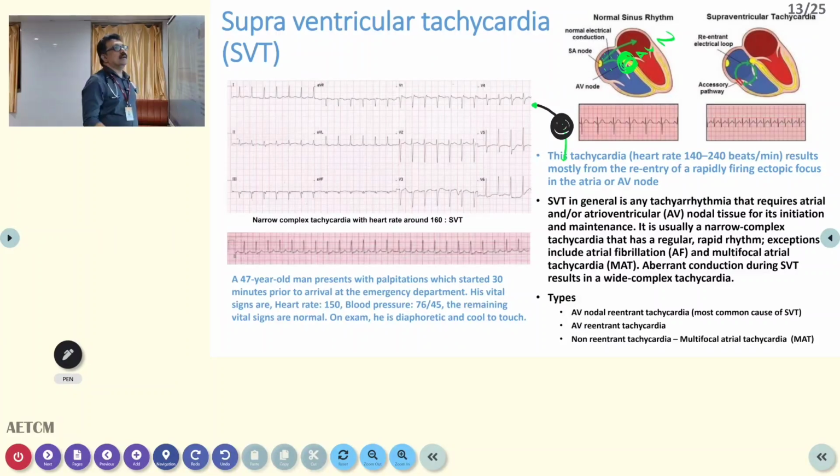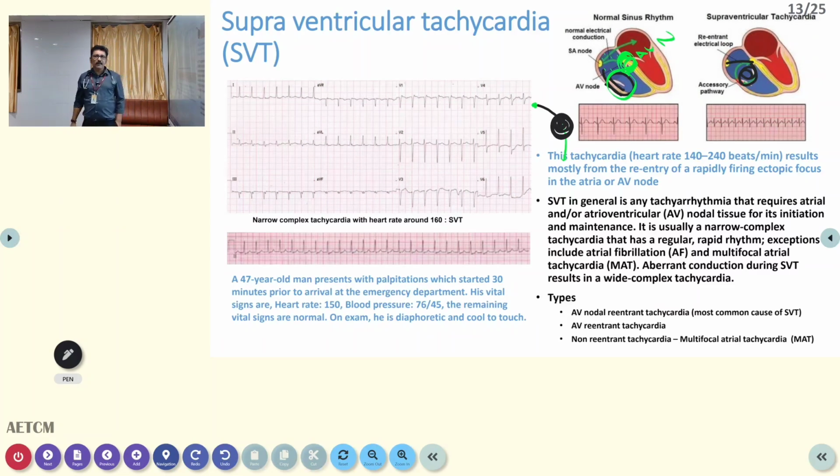Sometimes it will be an accessory pathway. So here you can see the current goes from the SA node to the AV node. From there, unfortunately, it goes through an accessory pathway. The accessory pathway normally occurs in this area. So through this, the current can go in this direction or sometimes it can go back in this direction also.